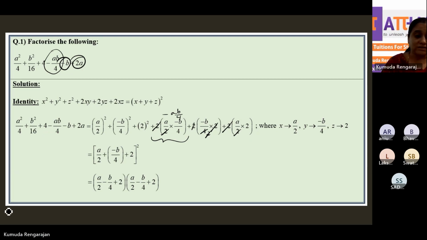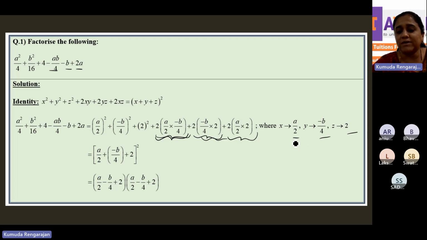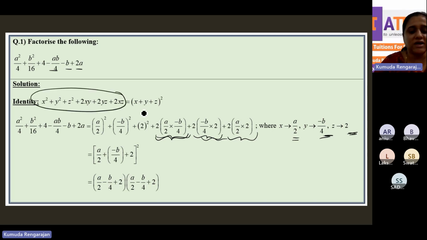You should not cancel, but you can make out that these three terms, when you simplify, you will get this, this, and this. So we have split all the terms and shown it correctly. Now I did write out what is x, y, and z. X is a by 2, y is minus b by 4, z is 2. So now what's the answer? The question is like this, and the answer will be x plus y plus z the whole square.